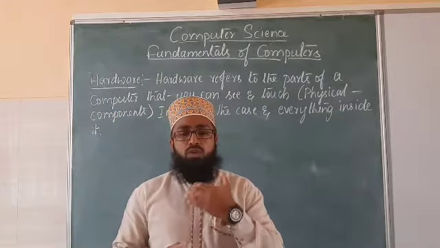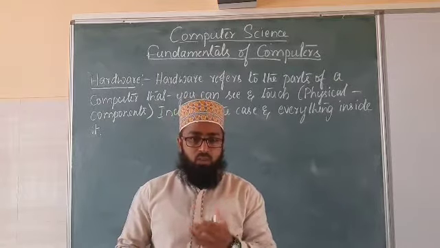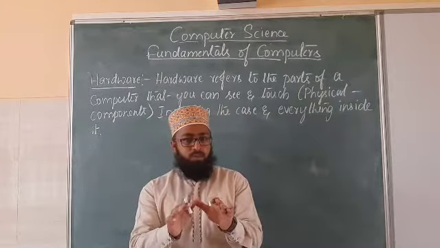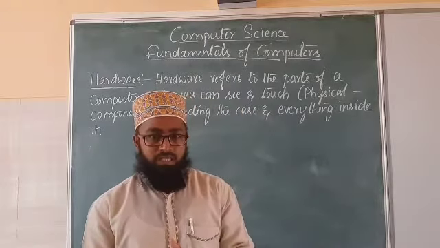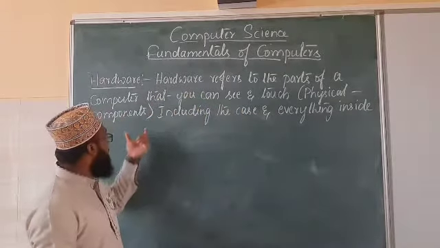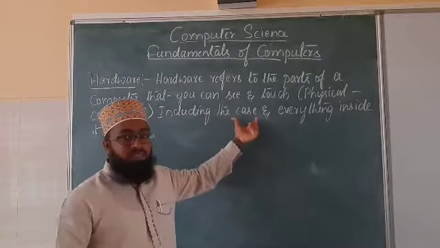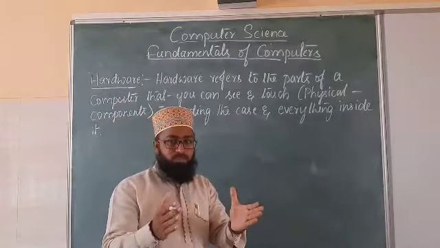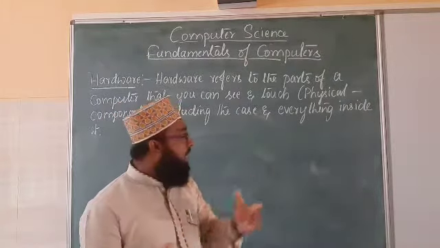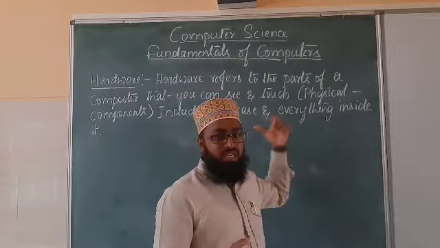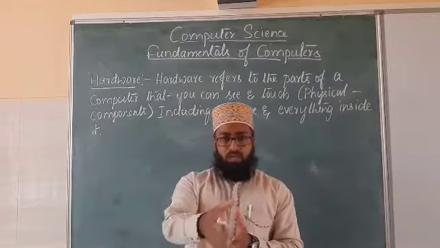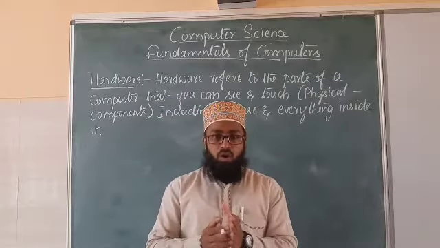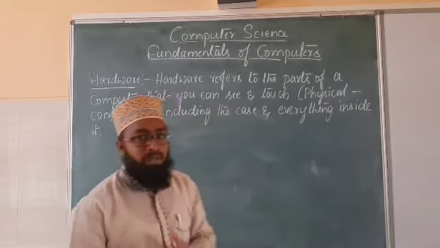The things which you can see and touch: we can see the monitor, and we can touch the keyboard, mouse and CPU. Along with that, the case is itself the CPU box, and everything inside it means the things which are inside the CPU. Those things we can touch. So all these things are collectively called hardware.